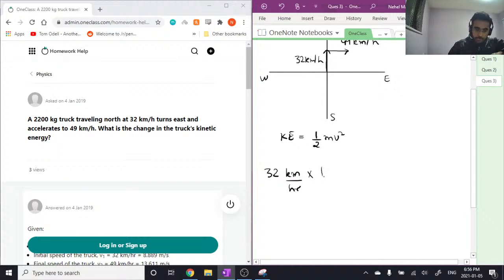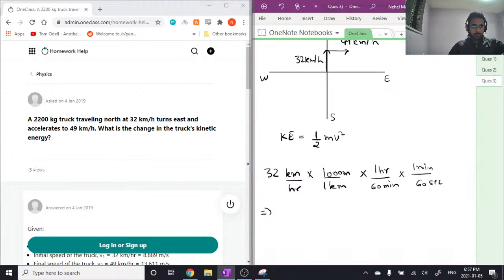Oops, it should be the other way. Let's write it down like this. 1 kilometer has 1,000 meters. 1 hour has 60 minutes, and 1 minute has 60 seconds. Therefore, this 32 kilometers per hour becomes 32 times 10 divided by 36, 8.88 meters per second.